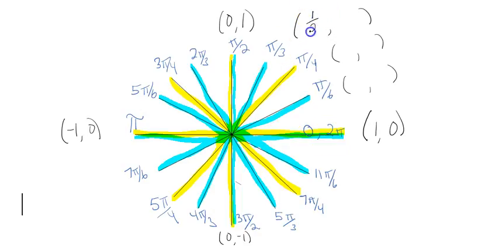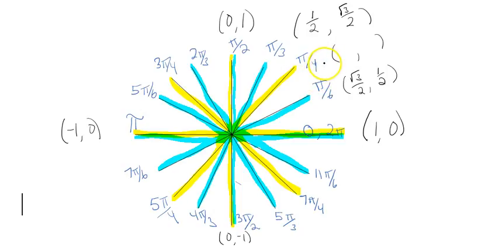So this x value is 1/2. And it's the same thing for the pi over 6 if you're going up. Between the 0 and the 1, about halfway up, you'll see that this y value is going to be 1/2. The other part of that point is the square root of 3 over 2. It's the y value for pi over 3, it's the x value for pi over 6.